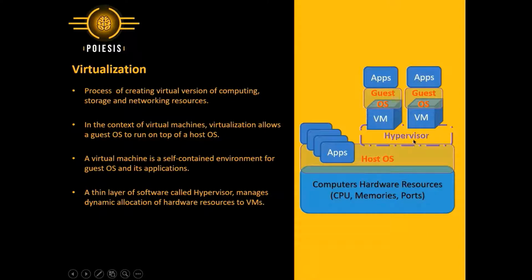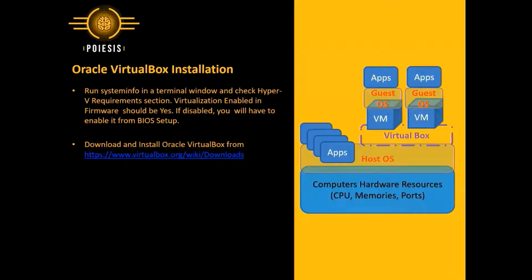A hypervisor allows applications running inside VMs to use the same resources while residing in their own isolated environment, as if they are running on a real physical computer. Windows 10 comes with a built-in hypervisor, Hyper-V.